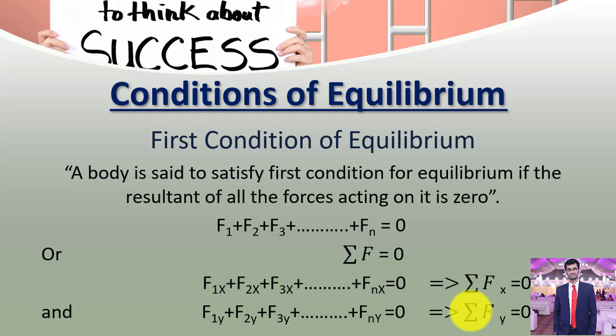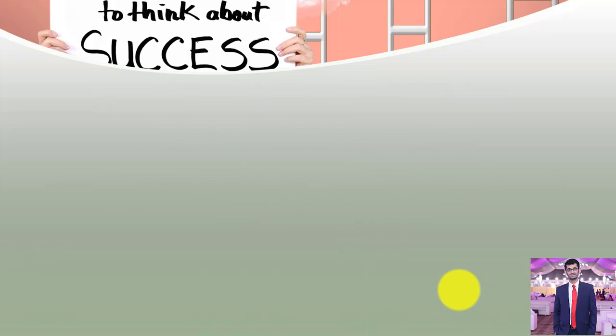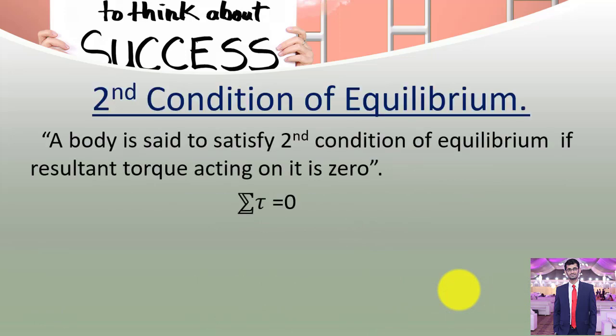Sometimes the first condition of equilibrium is satisfied for an object, but still the object is not in a state of equilibrium. So in that case, there is another condition that needs to be satisfied, which is called the second condition of equilibrium.